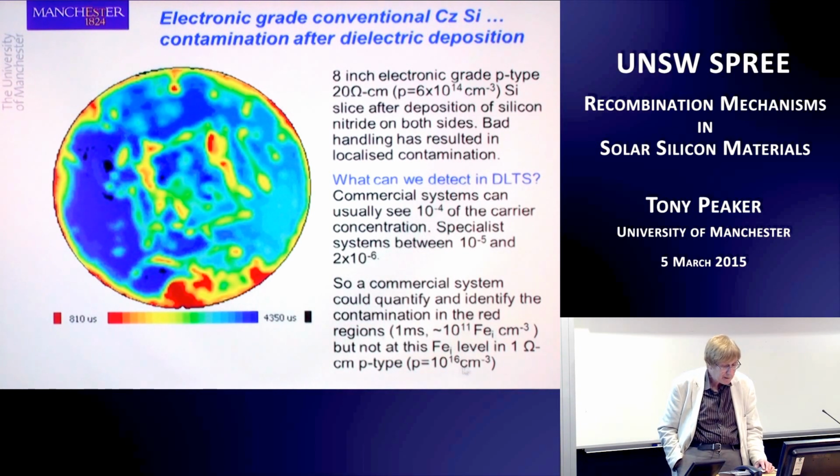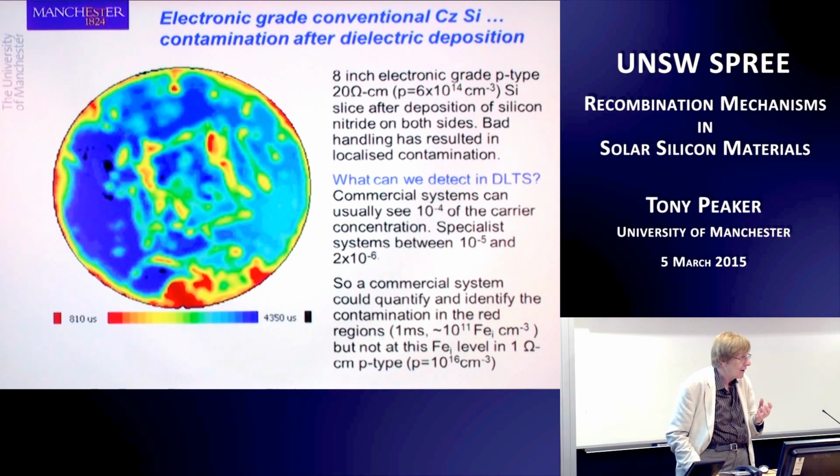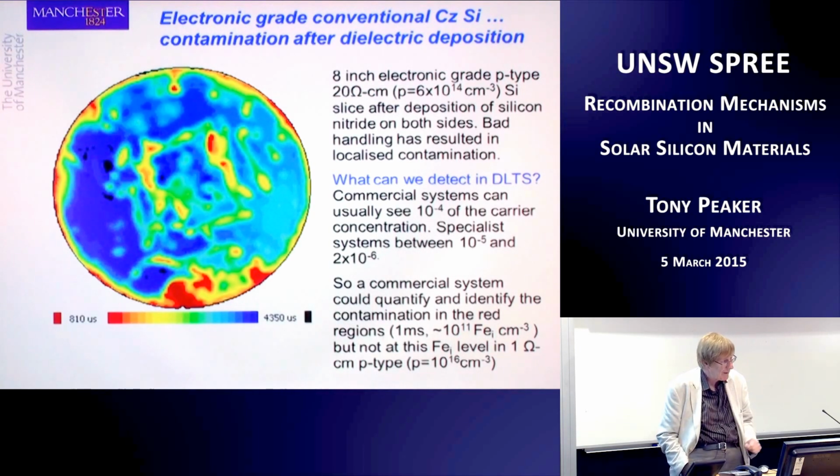But you would not see it in a typical doping for solar material. And so DLTS is incredibly sensitive compared to SIMS or any chemical techniques, but it's not as sensitive as lifetime measurements by any means.